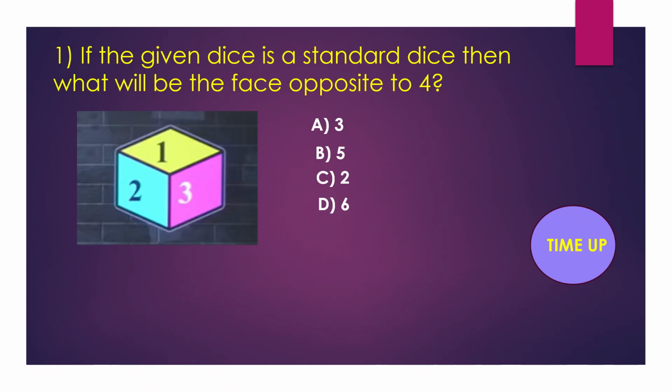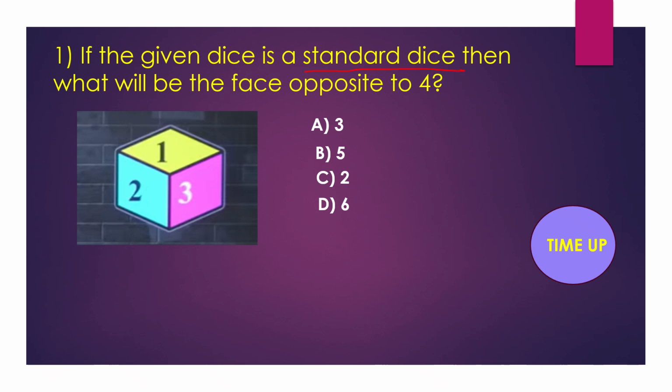So as I told you, the questions are basically not on standard dice. But what if the question appears in the exam? Then how will you solve this? So if the given dice is a standard dice, okay? Only if they mention in the question that it is a standard dice, then you know what a standard dice is.